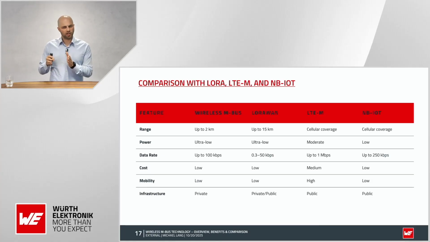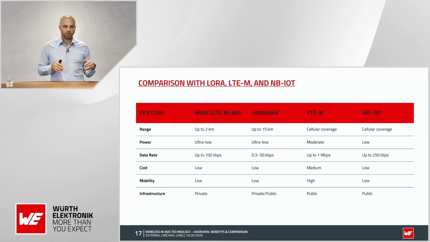Compared to the cellular solutions, we have LoRaWAN and wireless M-Bus based on these ISM frequency ranges, where the advantage is that it's much cheaper because you don't have these network costs, the cellular costs, but it also depends.